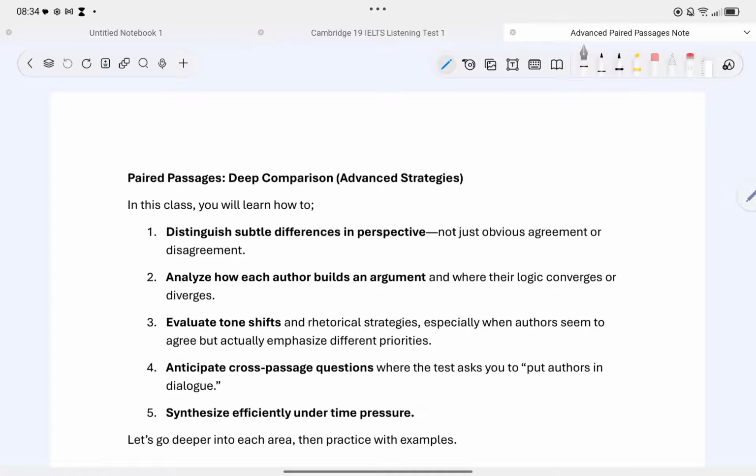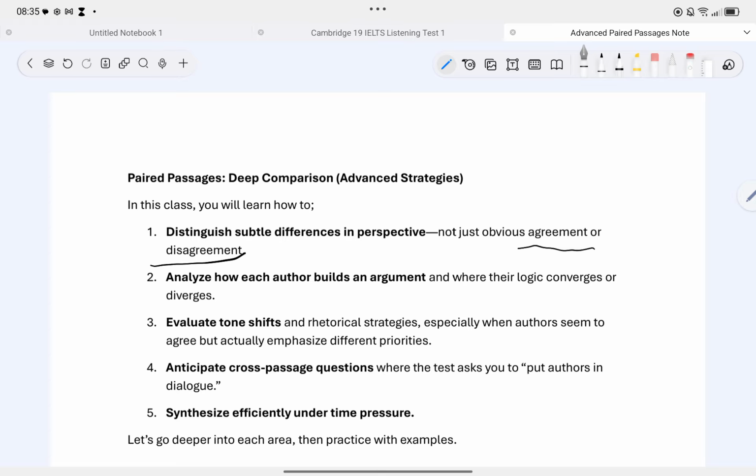All right, so in this class, you'll learn to distinguish subtle differences in perspective and not just obvious agreement or disagreement. What that means is there are times when the difference between two passages goes beyond just whether or not they agree.